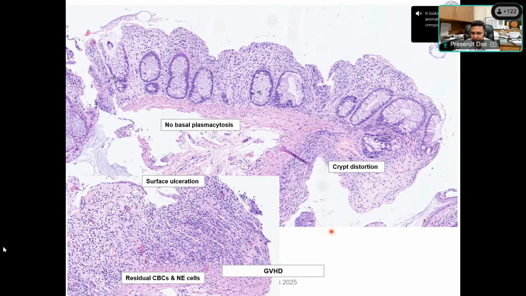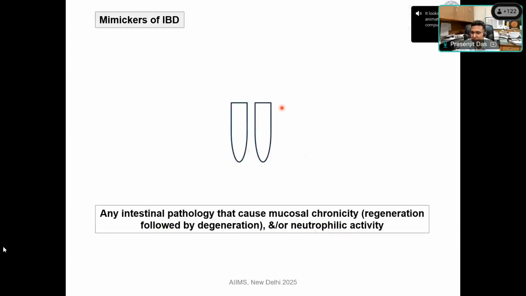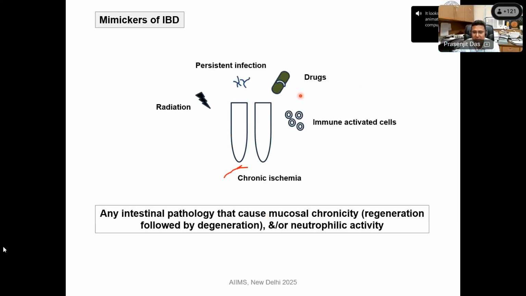Again, to tell you that you can see this type of picture in many other diseases. Any cause, may it be drug, may it be an infection, may it be a chronic repetitive ischemia or repeated doses of radiation therapy, that can injure your mucosa and cause neutrophilic infiltrate. When we are not giving the radiation in between 2 cycles, then the mucosa will heal.